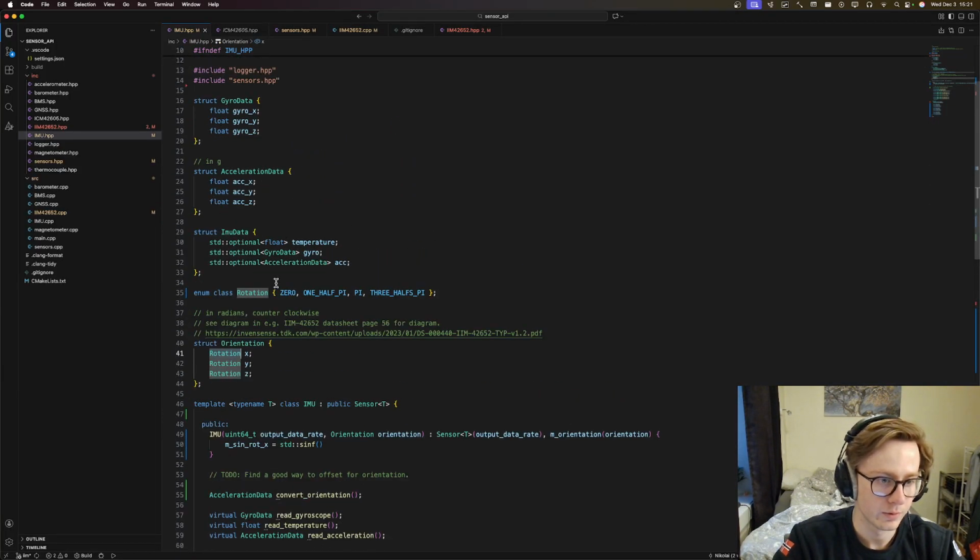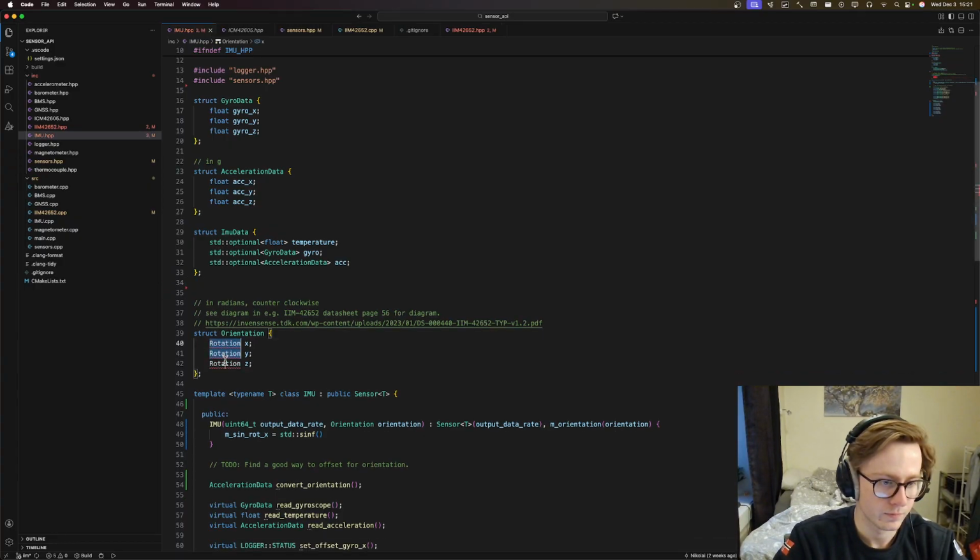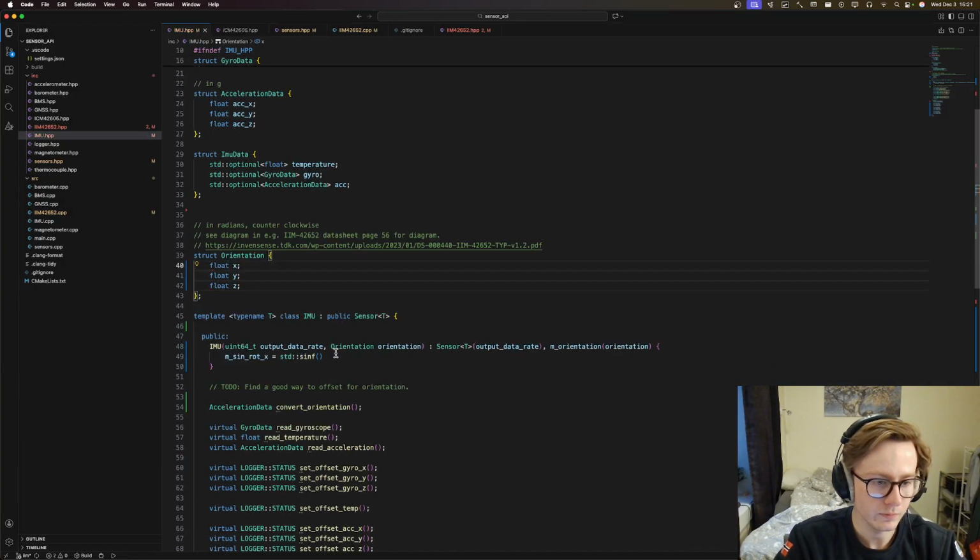And okay, so our rotation will not be this then. Our rotation will be... I guess float is a bad way of representing it. I guess we call this U and 8. And this will be in degrees. Counterclockwise, see data sheet. Yeah.